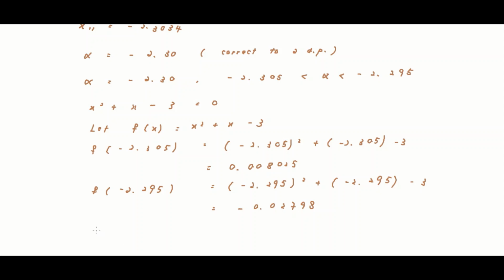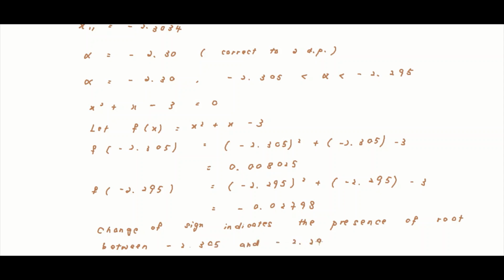So you write down your last verification: the change of sign indicates the presence of root between negative 2.305 and negative 2.295.